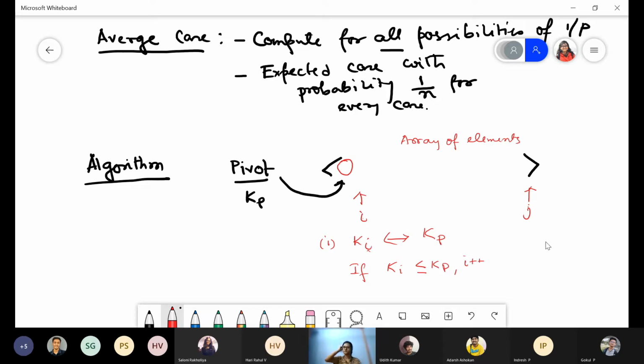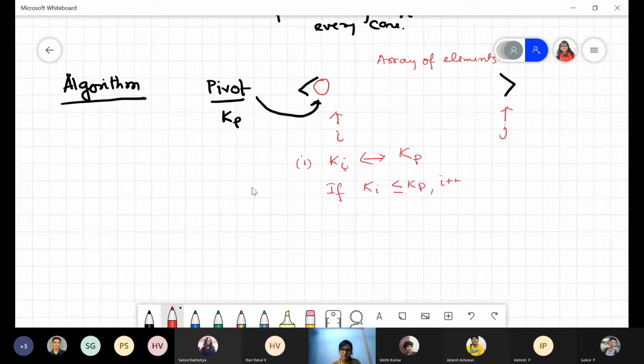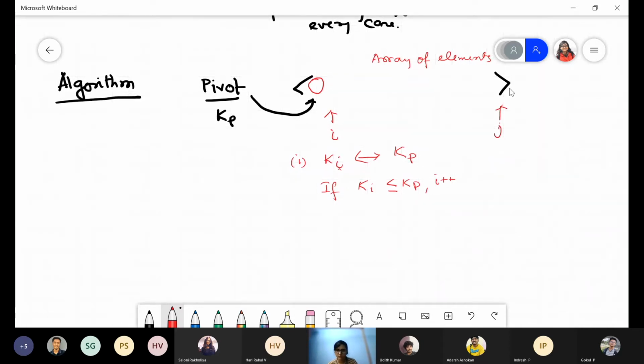Else, suppose it is not true, whatever element was present at this position where I has been updated, this element is greater than Kp. Now what do we do? Swap it with Kj.